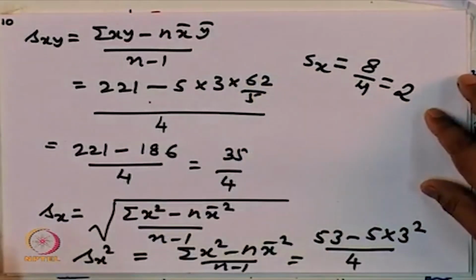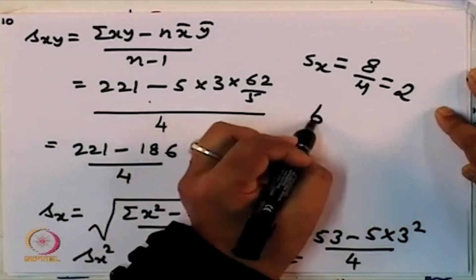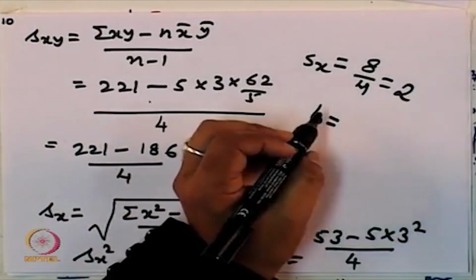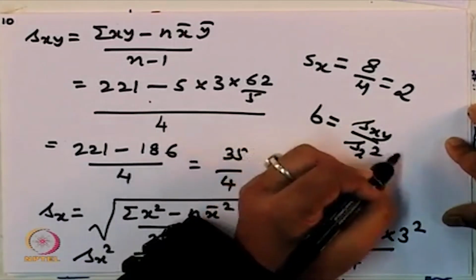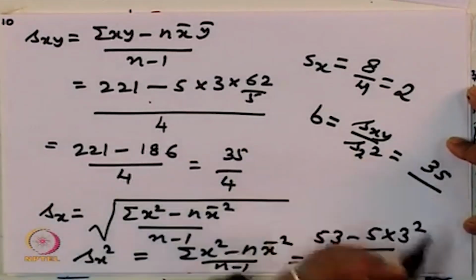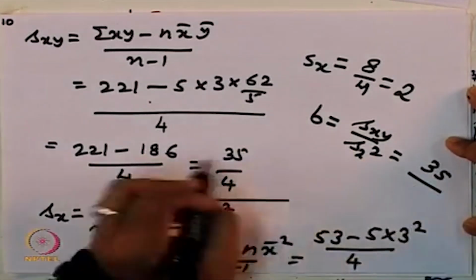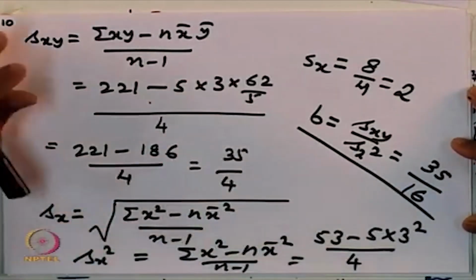So, s x square is equal to 2, s x y is equal to 35 by 4, and my b comes out to be s x y by s x square, which is 35 by 4 into 4, 4 into 4, 16. So, b comes out to be 35 by 16.